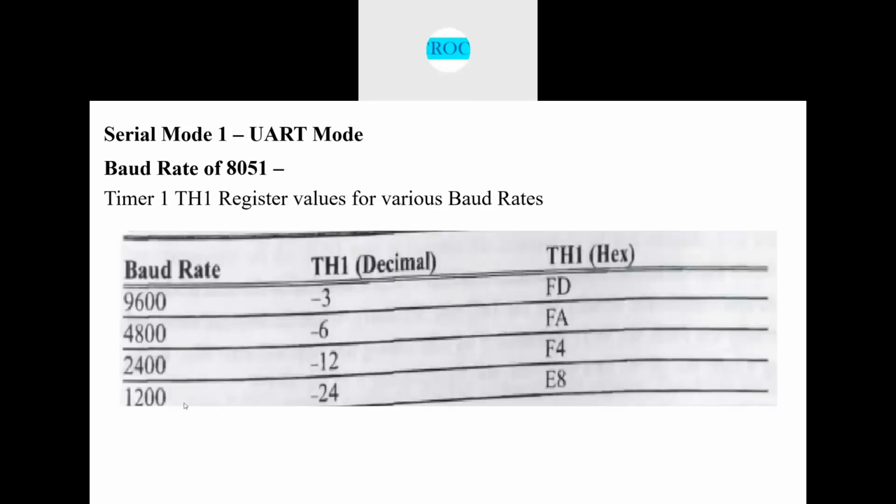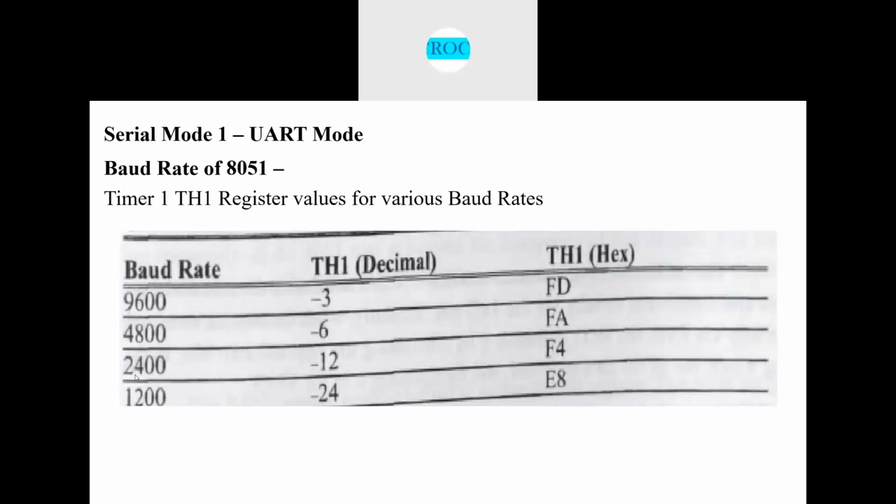As I said, to summarize what we discussed here: to set a baud rate of 9600, what should the initial count value in the higher byte register be? It is minus 3 in decimal. If you want it in hexadecimal, you can load the value FDH. To set a baud rate of 4800, you can load TH1 with minus 6 decimal or FAH in hexadecimal.